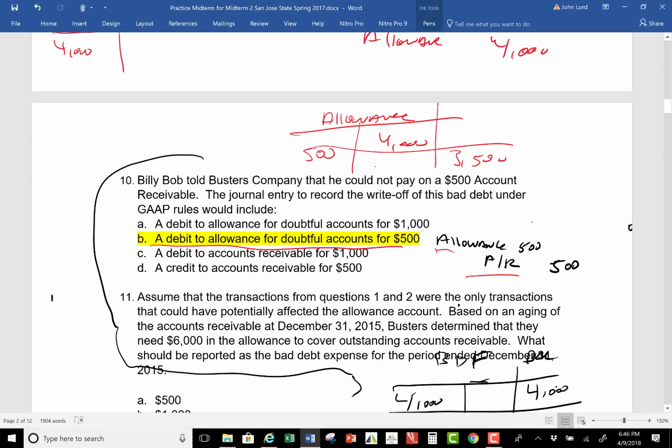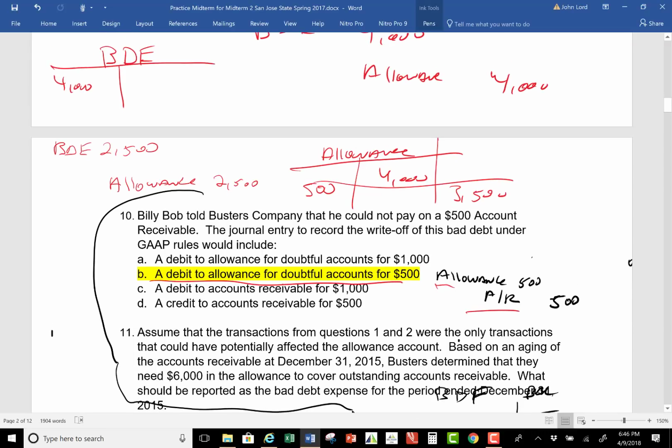So you're going to credit the allowance 2,500, debit the bad debt expense 2,500. So now the bad debt expense is going to have how much in it? 6,500 in the bad debt expense total.